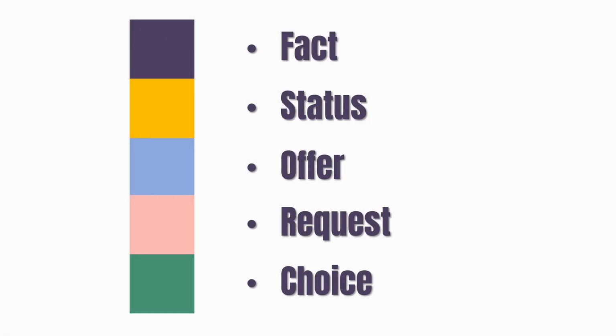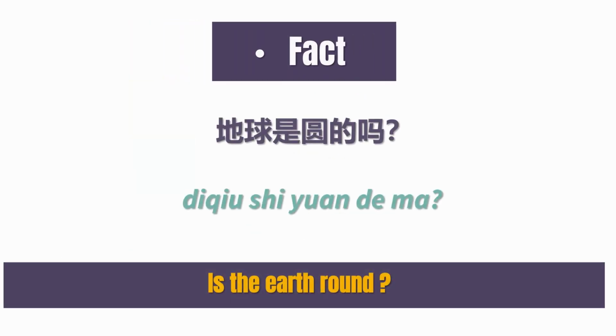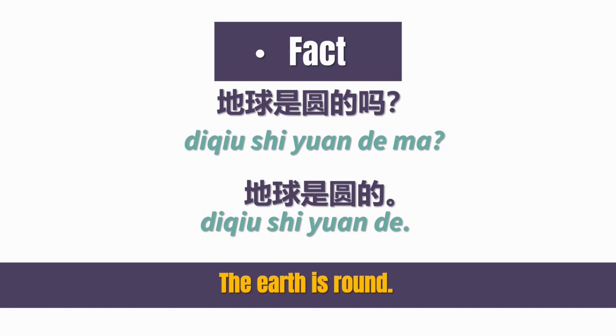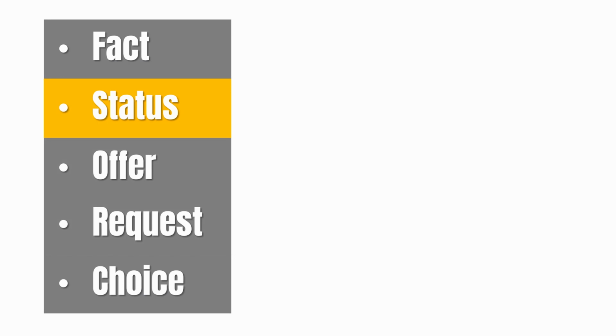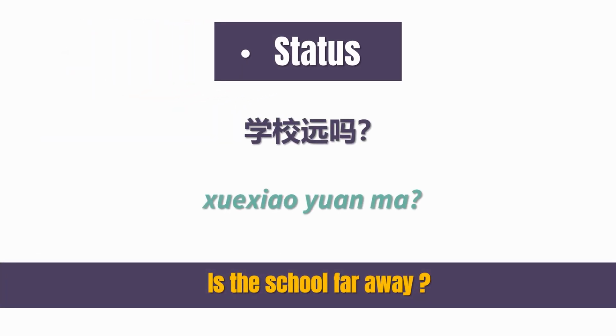Now, let's take a look at these questions again. A fact question. Is the earth round? 地球是圆的吗? And the answer would be 地球是圆的. A status question. Is the school far away? 学校远吗?